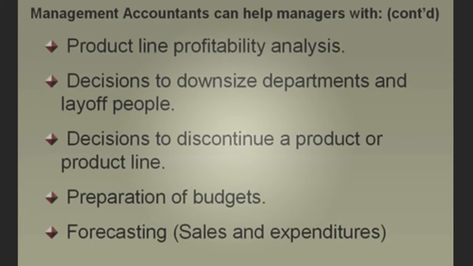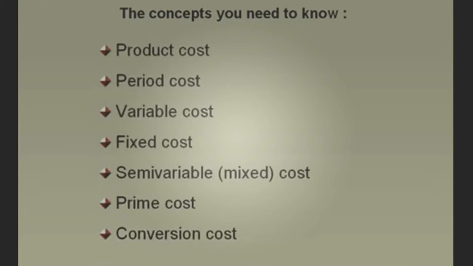To help make these decisions, we use the following cost concepts. The concepts you need to know are product cost, period cost, variable cost, fixed cost, semi-variable or mixed cost, prime cost, conversion cost.